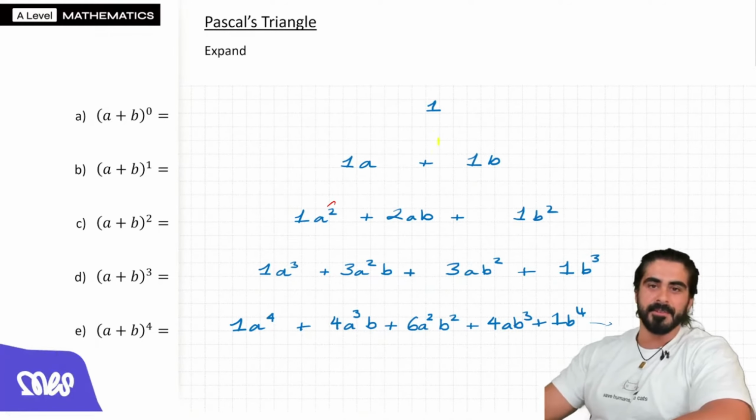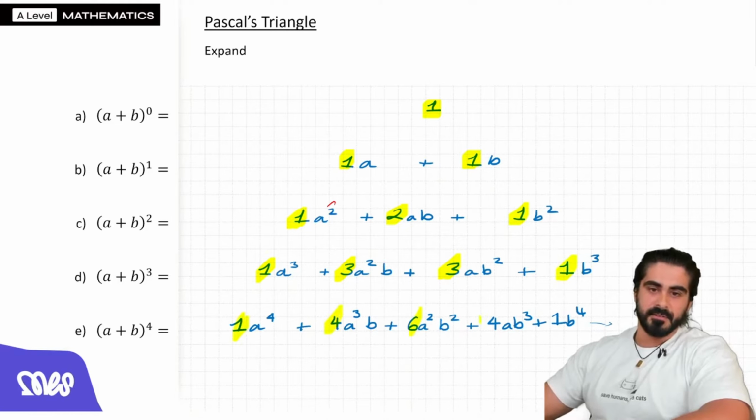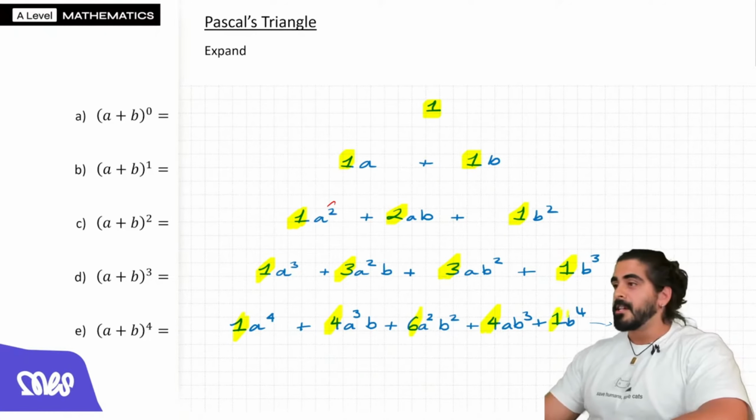I'm going to highlight the numbers. So you have 1, 1, 1, 1, 2, 1, 1, 3, 3, 1, 1, 4, 6, 4, 1. It's supposed to look like a triangle. It looks like a triangle, right?